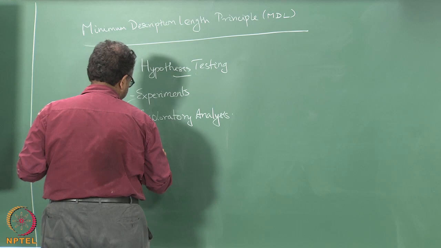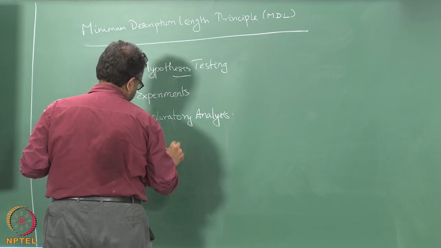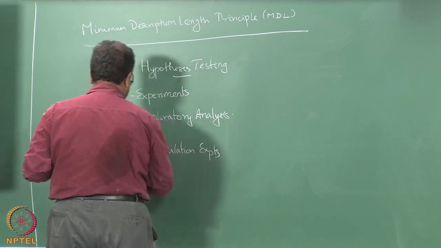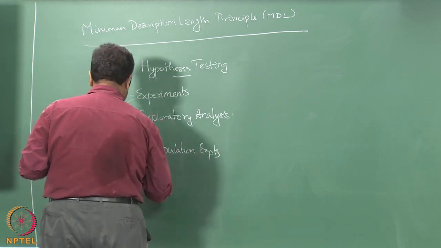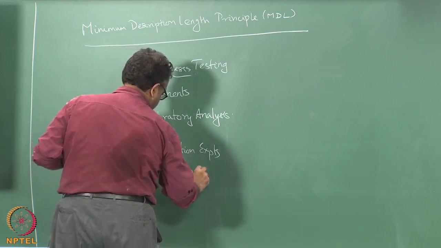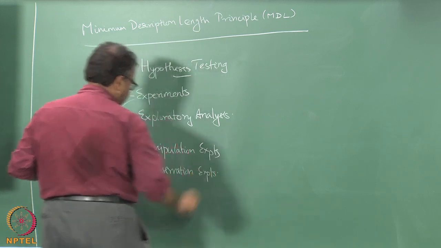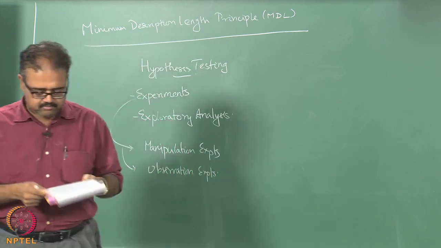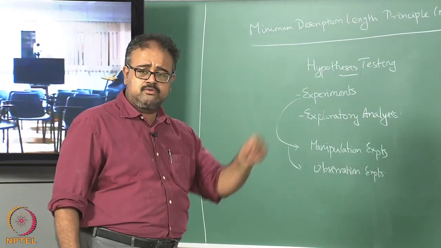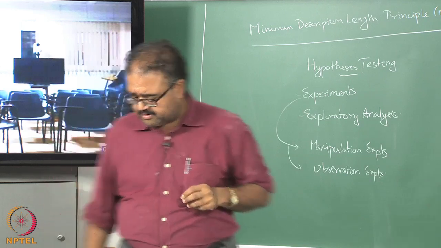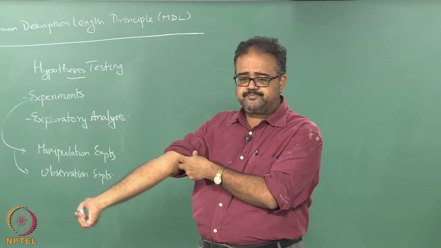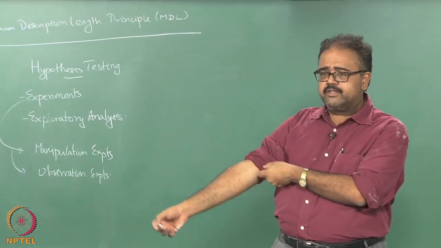typically they fall under two kinds of experiments. There are manipulation experiments and observation experiments. What do you think these mean?